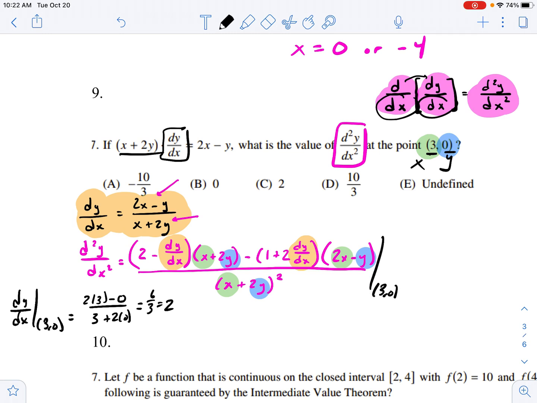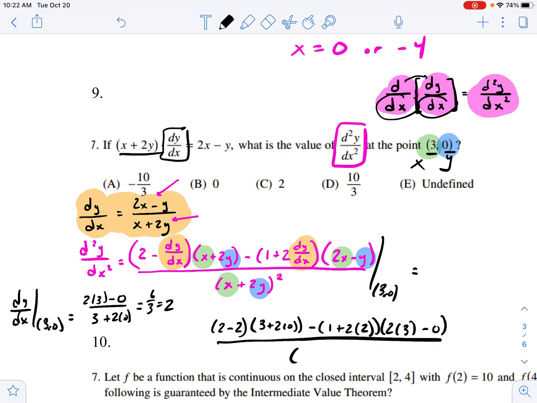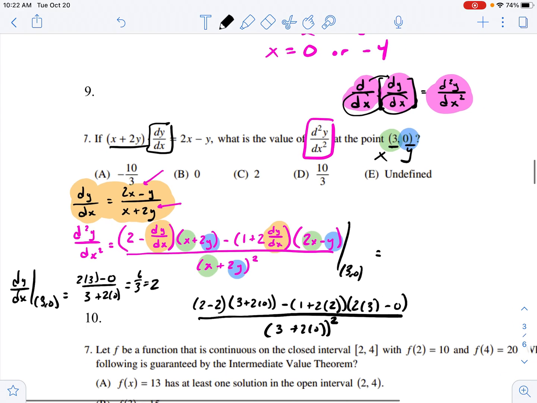So this thing evaluated at 3, 0 becomes 2 minus dy dx, which was 2. And then x plus 2y, 3 plus 2 times 0, minus 1 plus 2 times dy dx, which was 2, times 2 times 3 minus 0, all over denominator 3 plus 2 times 0 squared.